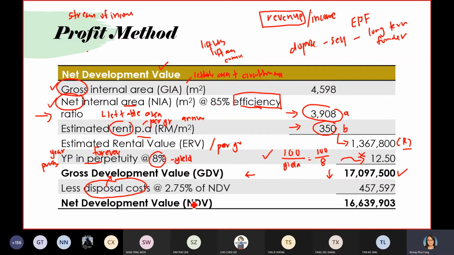So some owners don't intend to keep it. They will dispose to a third party, for example EPF. Then EPF is going to collect the stream of income forever.